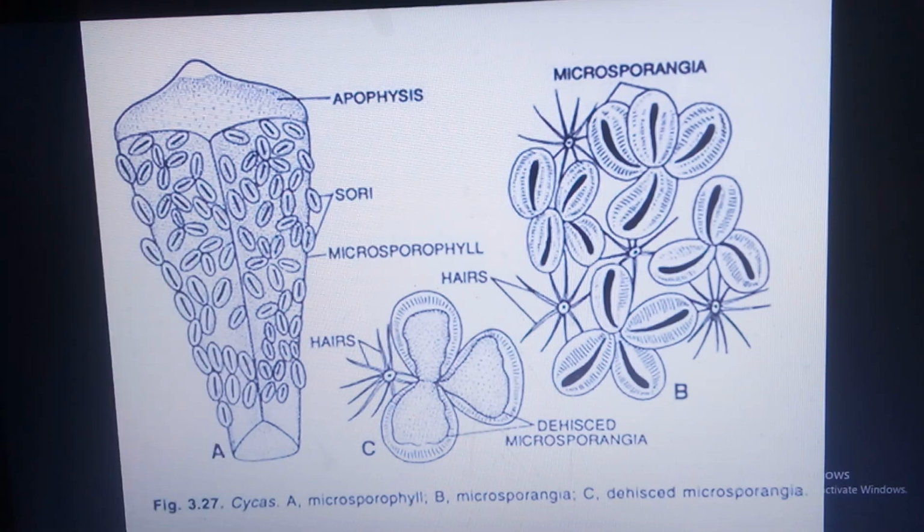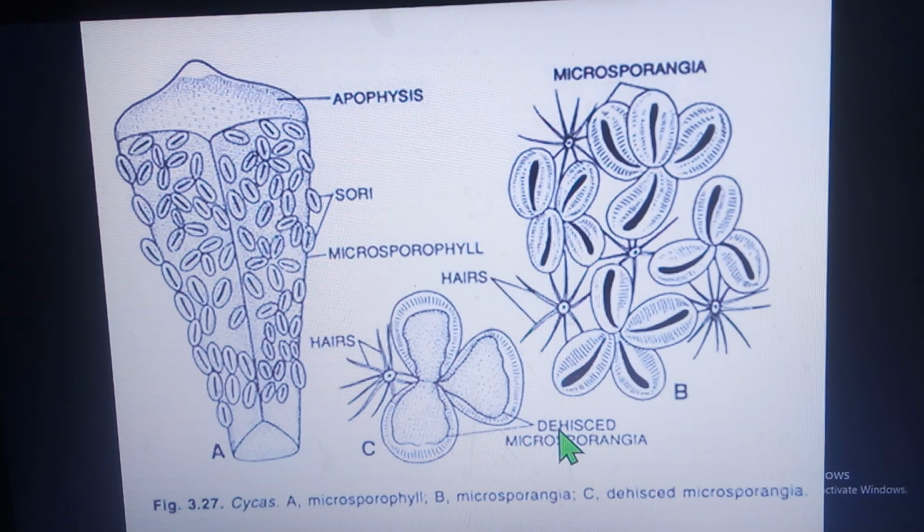Now if you take a look at a single microsporangium, it is unilocular, meaning single-chambered, oval, and a sac-like structure attached with a short stalk to the microsporophyll.